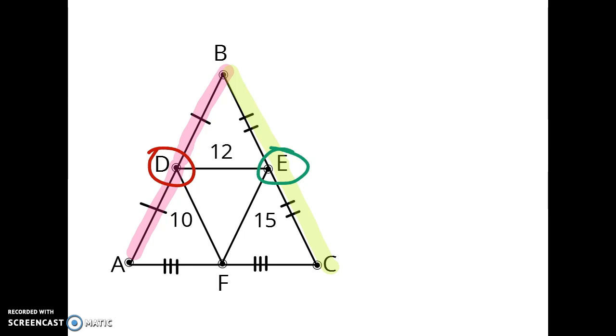And finally, AF is equal to FC, which makes F the midpoint. When you connect midpoints together, like DE, that means this line is parallel to this line here. It also means that DE is half the length of AC. So if DE is 12, I know that AC has to be 24.